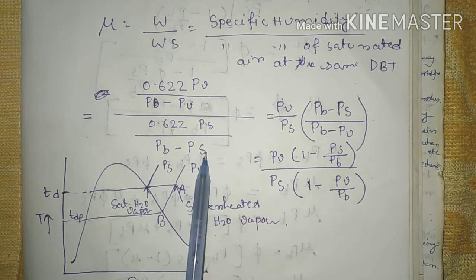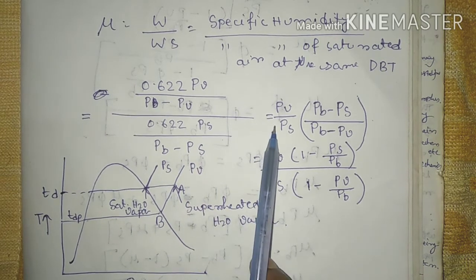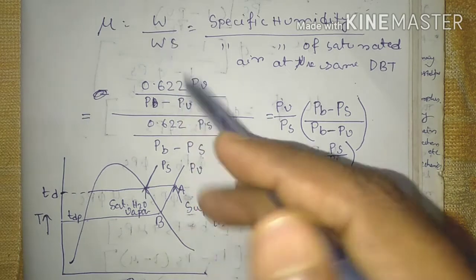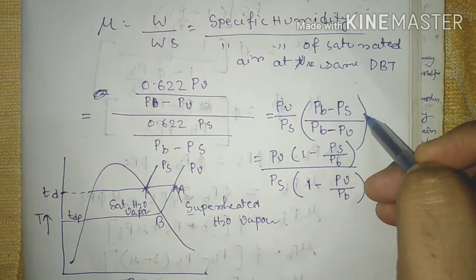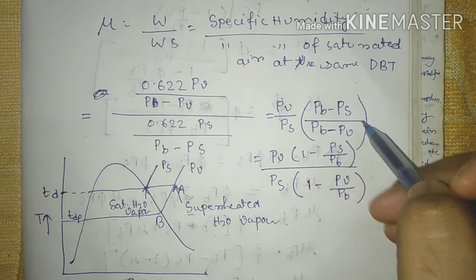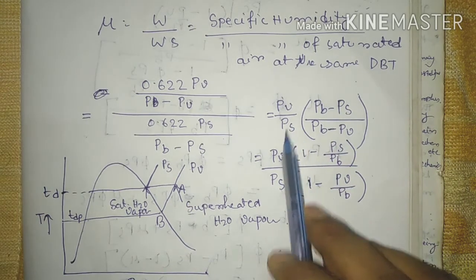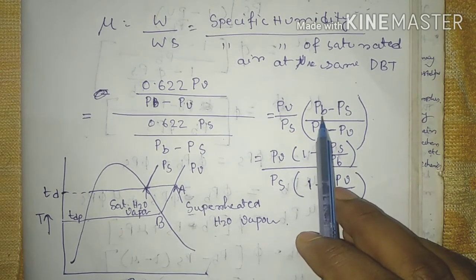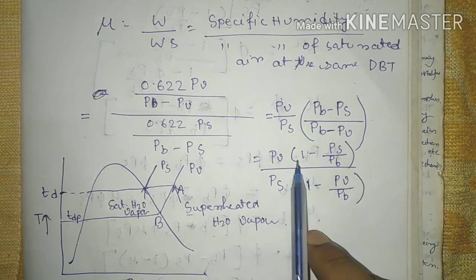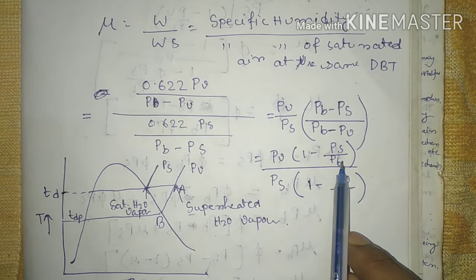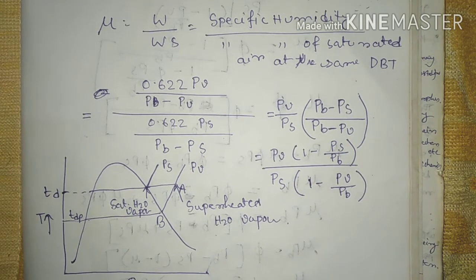Cancelling both these terms, PV is common, so if you divide by PV, it will be 1 minus PS divided by PV, and similarly 1 minus PV by PB, right?